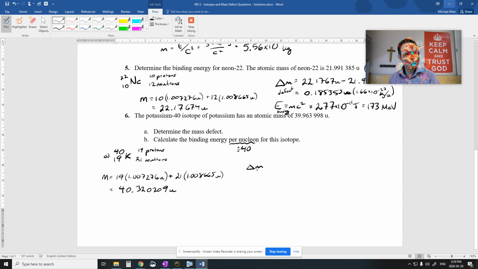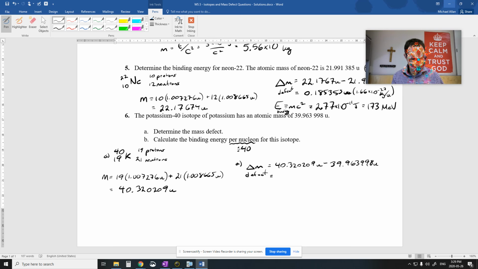So my mass defect here, if this is for question A still. Okay, so we're still for question A. I'm going to take these two numbers and subtract them. 40.320209 atomic mass units minus 39.963998 atomic mass units. Oh, my calculator's dying. It's actually just my phone, but I'm still dying.